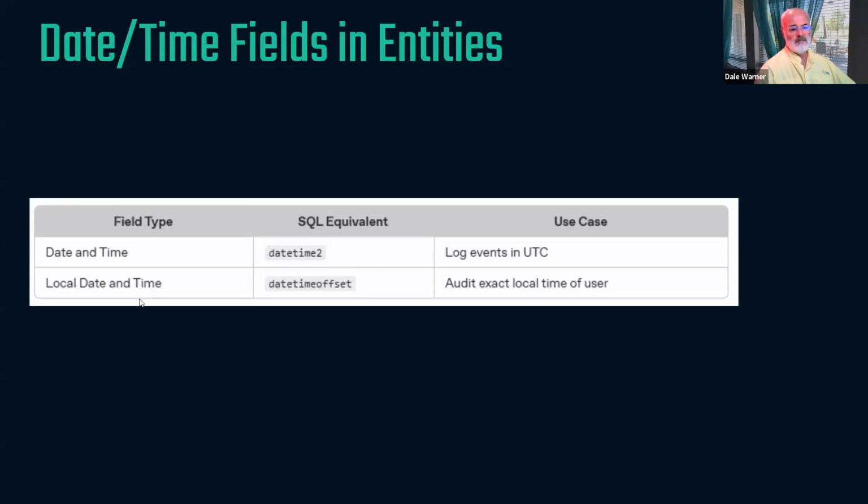Then if you choose the local date and time as the field type, the field in SQL is stored as a datetimeoffset. Both of these store date and time, but this is good for auditing the time of the local user. You can see the difference when a user sets something in one time zone versus another. You can tell that piece of information too, and yet still keep things sorting in order.